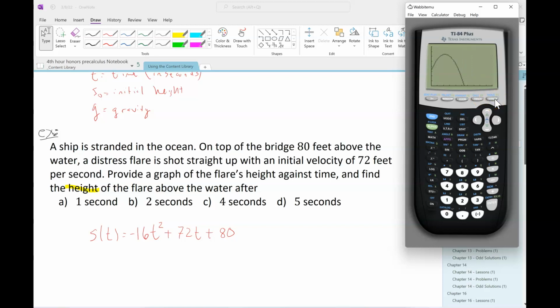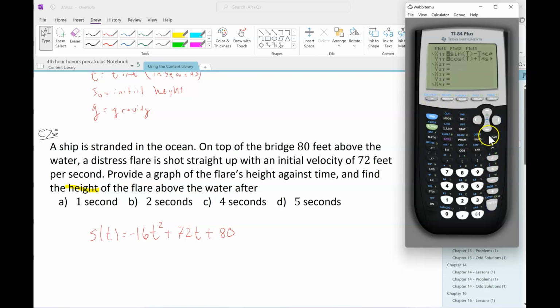But if I look at that graph, is that actually what I'd be seeing in real life? Probably not. What's the flare doing? It's almost up and down. Up and then straight back down, right? So this graph, while it is a height versus time graph, doesn't really describe the motion the flare is actually doing. To do that, we would use a parametric function.